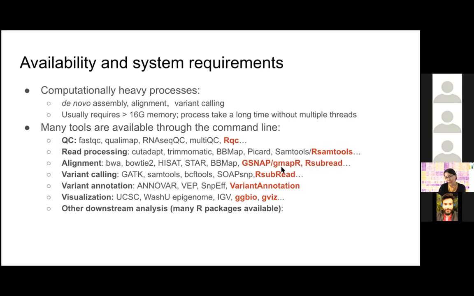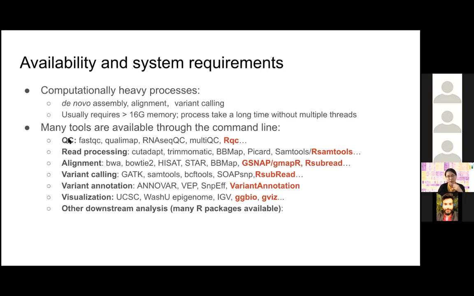You can do it in R, but these packages are relatively less used. And most of the time you want to go with the most frequently used tools in the field. So there's a trade-off there: whether you want to stay in R for all your processes, or spend a little bit more time learning and try to get the best tool available out there.